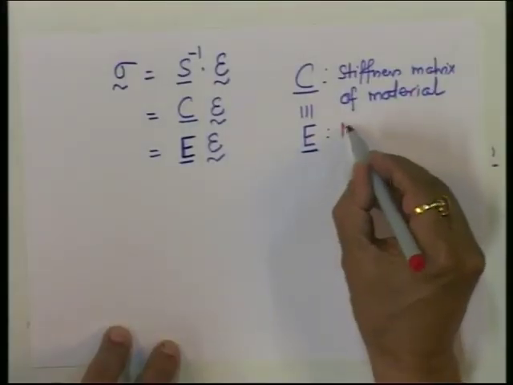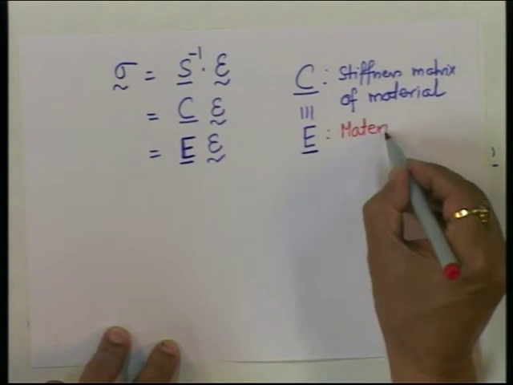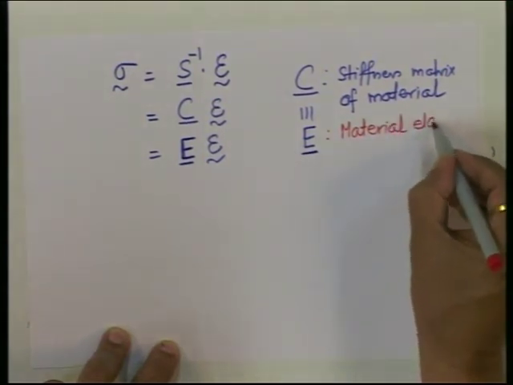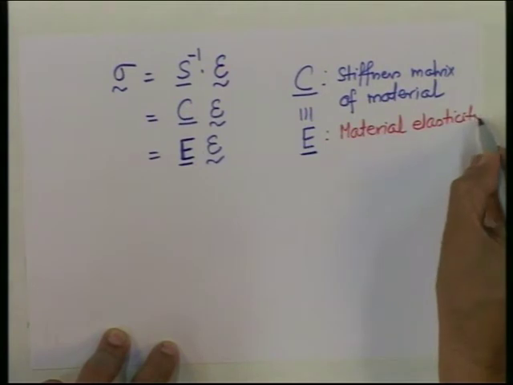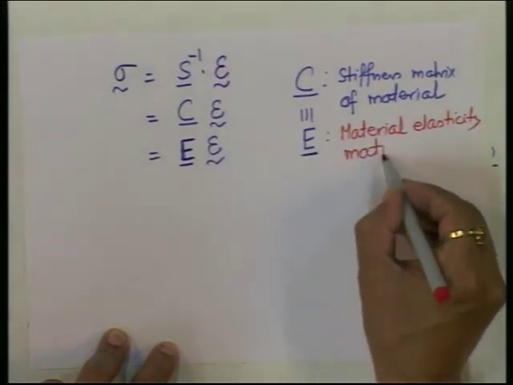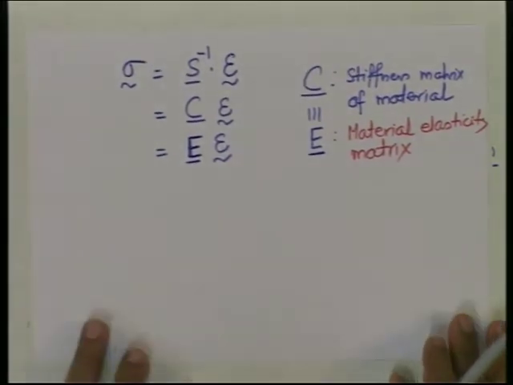So, we studied displacement, then we studied strains, we found the B matrix, the N matrix, and now we have established the E matrix, the material elasticity matrix.